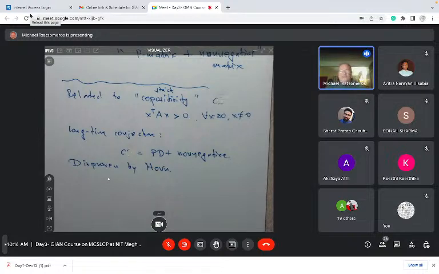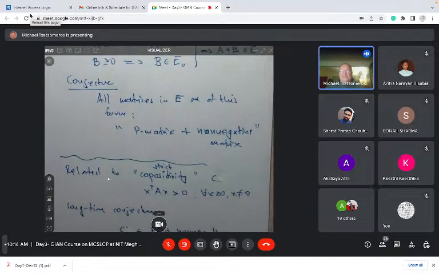So it is possible that, this is a different type of problem, but it has the same nature, the same feel. It's possible that this conjecture is not true, but we cannot find a counterexample, and we cannot prove it either. That strictly semi-monotone matrices are P plus non-negative. Any questions?